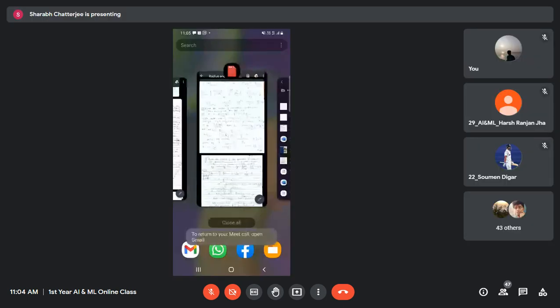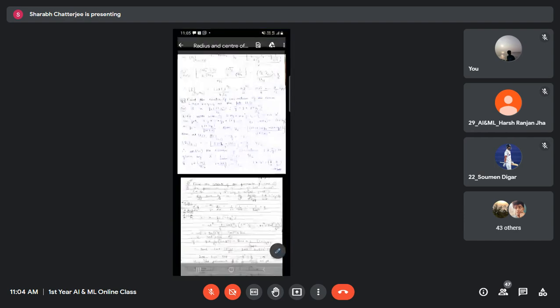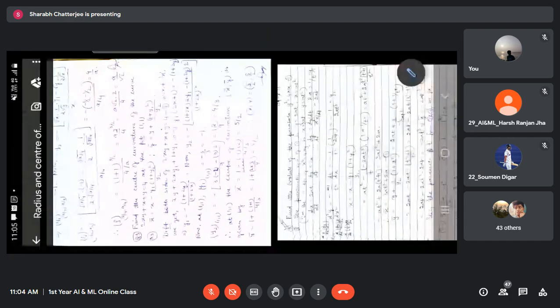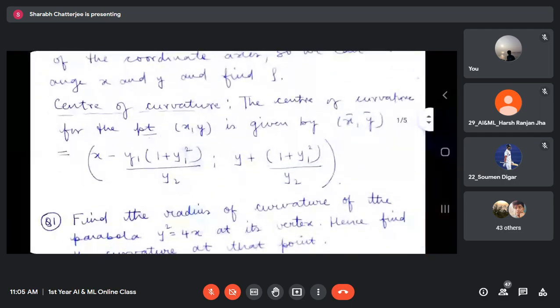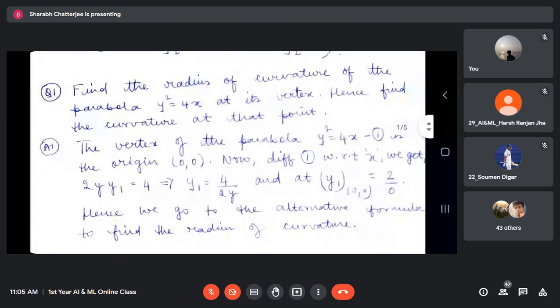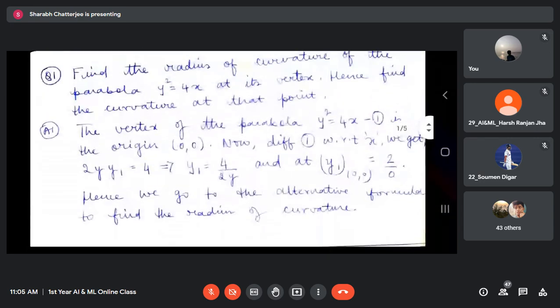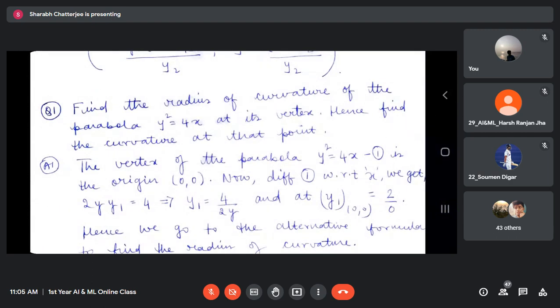Find the first question which we did, y square is equal to 4x, where we found out the radius of curvature. You tell me what is the center of curvature for this at the same point, the vertex. Find out and tell me the answer.